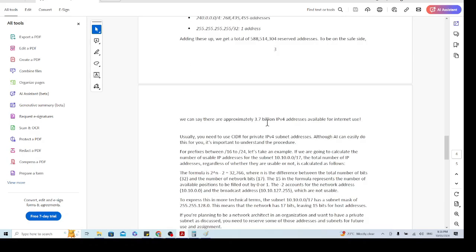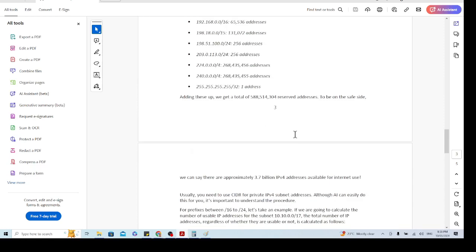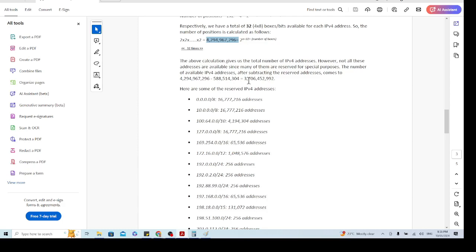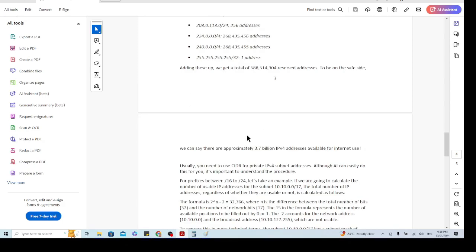Now, we can say approximately 3.7 billion IPv4 addresses are available for internet use.